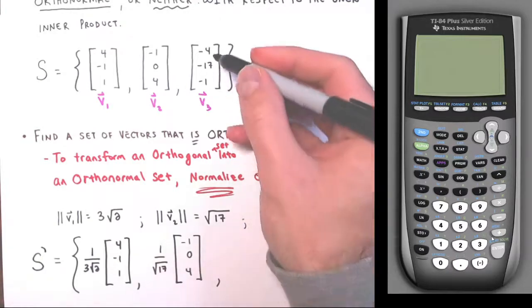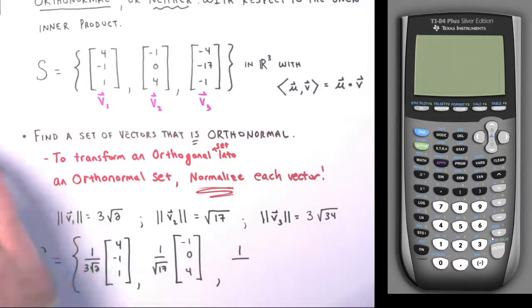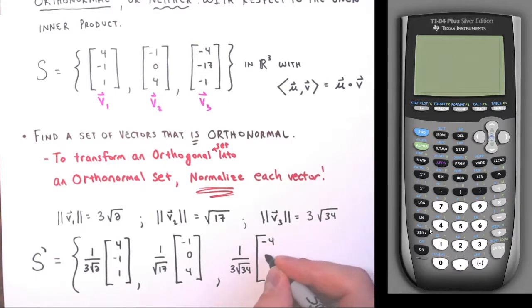And finally, do the same thing to v3. Take vector 3, multiply it by the reciprocal of its norm, 1 over 3 times the square root of 34, multiplied by the vector v3, negative 4, negative 17, and negative 1. This would be another unit vector, if you multiply each component by that scalar.